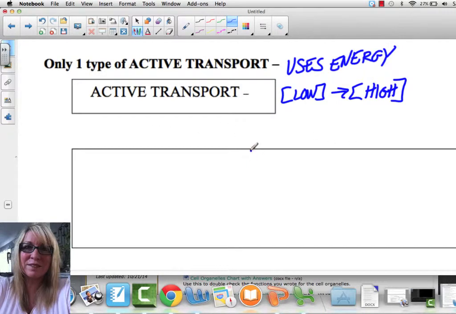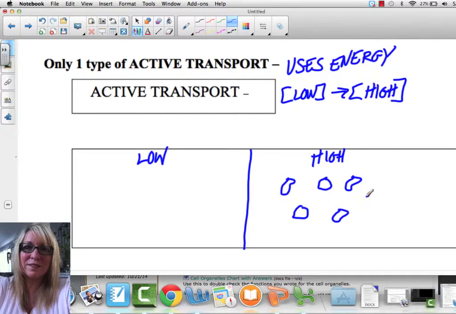So we'll draw a membrane again. Let's pretend this is high over here and this is low. And let's say these are waste molecules. And they're trying to get moved out of the cell.